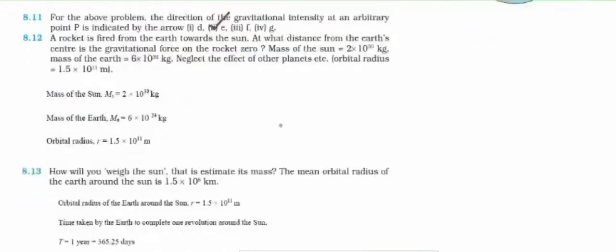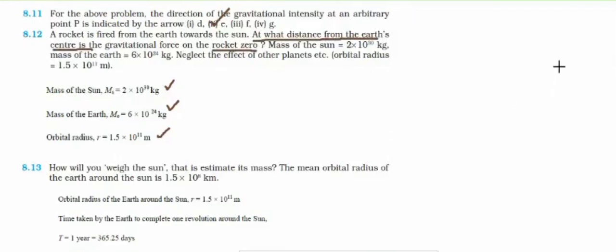Now next, a rocket is fired from the earth towards the sun. Now the data is given: mass of sun, mass of earth, then orbital radius. Now at what distance from the earth's center is the gravitational force on the rocket zero? That is the question.